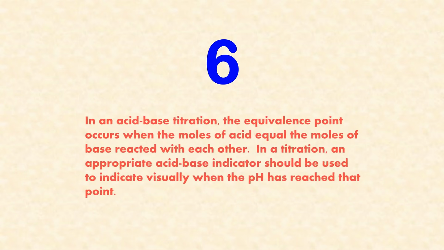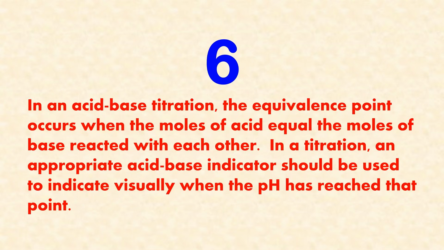Number 6. In an acid-base titration, the equivalence point occurs when the moles of acid equal the moles of base reacted with each other. In a titration, an appropriate acid-base indicator should be used to indicate visually when the pH has reached that point.